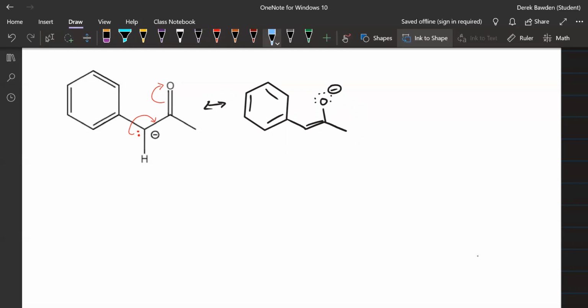Now to do a second resonance structure, another way we could do this is say, well, okay, here's our electrons that make that carbon negative. Let's go the other way with our electrons. Let's put them onto this side.